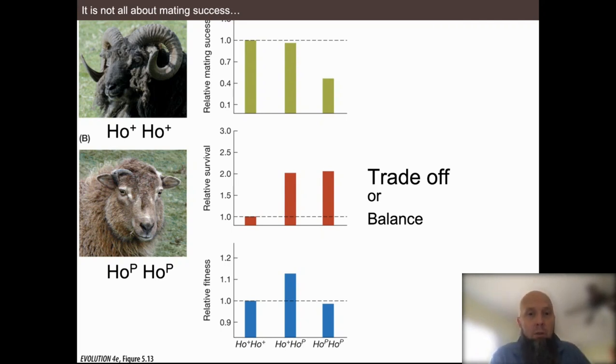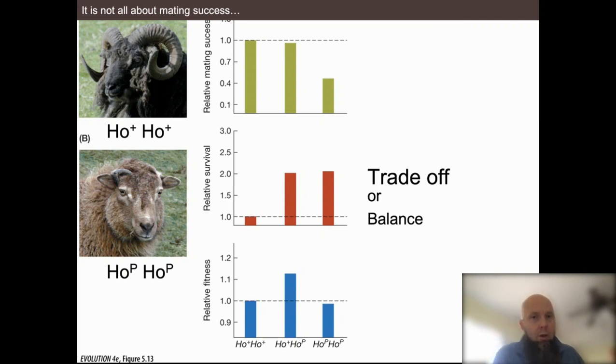But survival, boy, this guy with the amazing horns has very low survival compared to the heterozygote and the homozygous P individuals. And so when we think about that overall, the relative fitness, it's better to be homozygous for the wild type allele than it is to be homozygous for the P allele, but not by much.